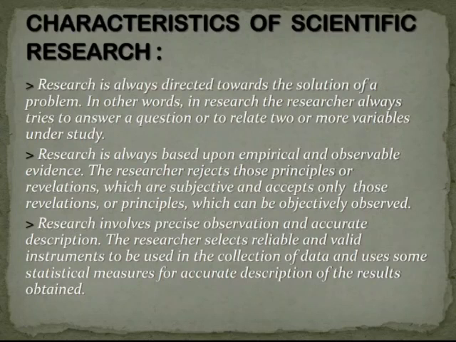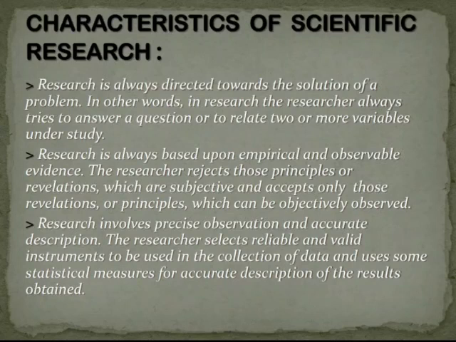So now I am going to take the characteristics of scientific research. It is an important topic. It has about 9 characteristics, and I will explain them one by one. The first characteristic is: research is always directed towards the solution of a problem.